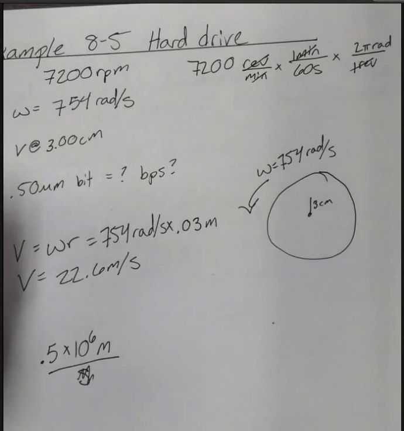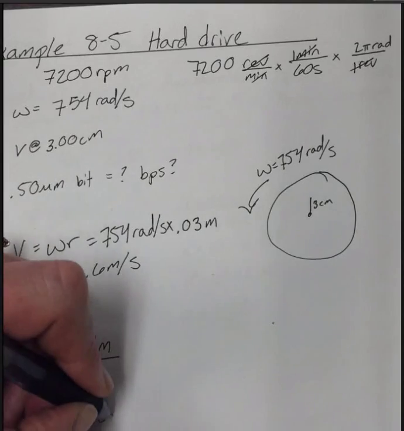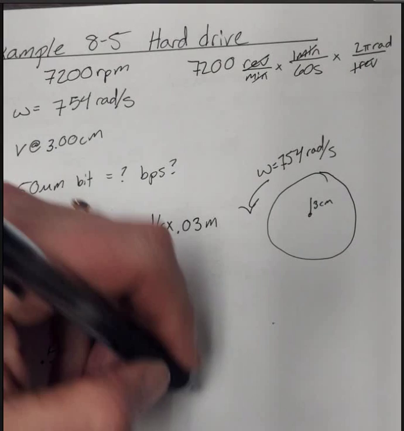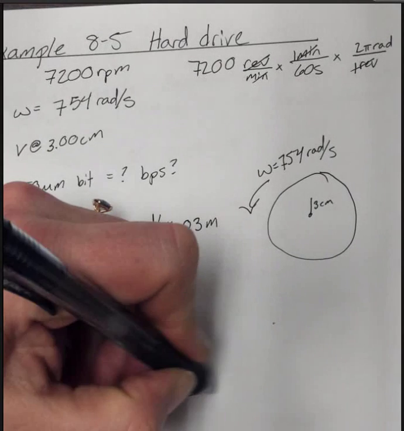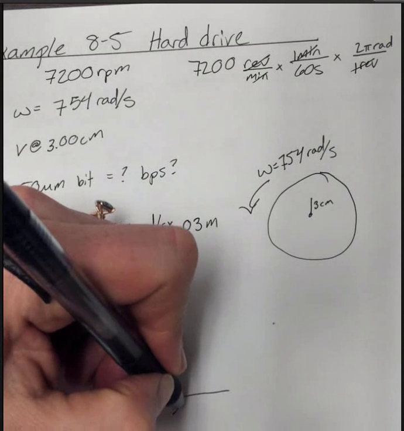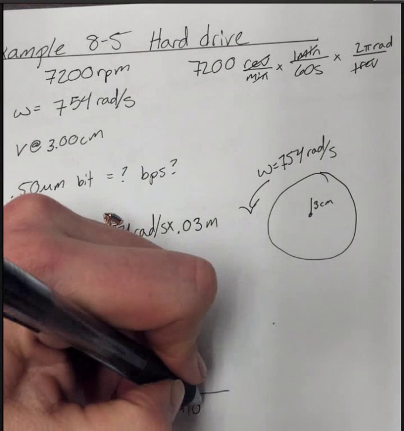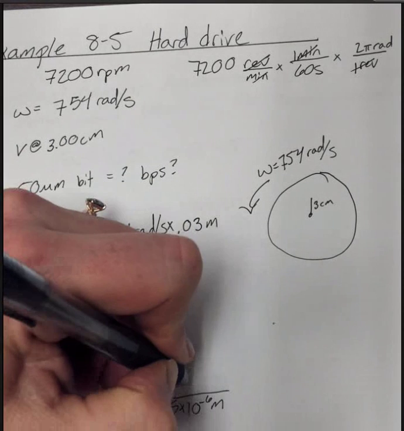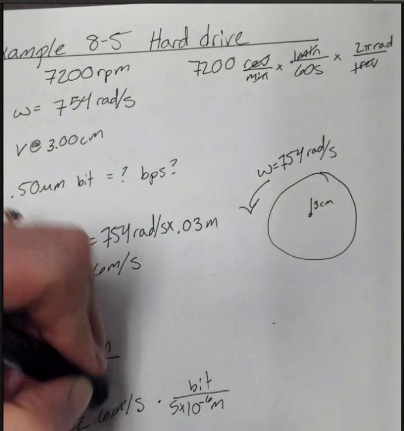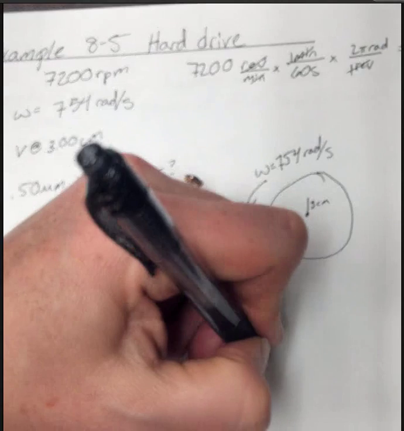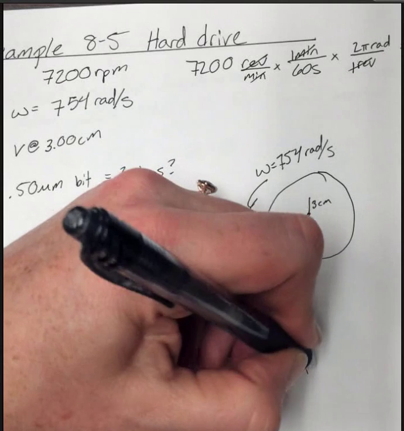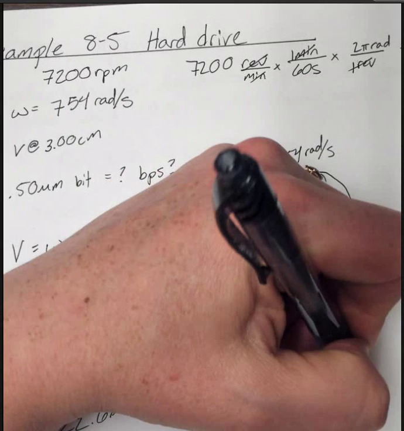So 22.6 meters per second can be divided by 5 times 10 to the negative 7 meters per bit. And those meters will cancel, and you'll end up with bits per second.